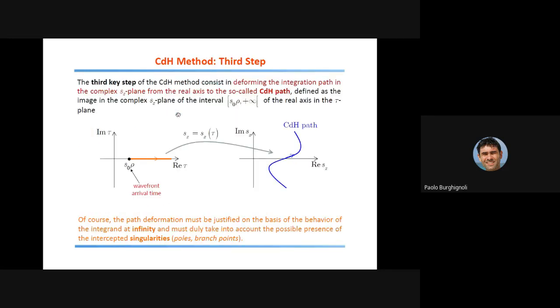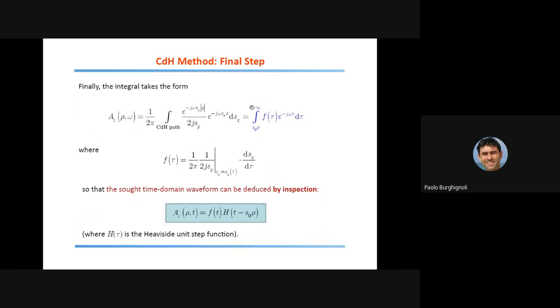And in terms of this new variable tau, you at the end find this time integral, which is a direct Fourier transform. So by inspection, you are able to evaluate the transient version of the potential by looking at the integrand itself, which is available in a closed form.